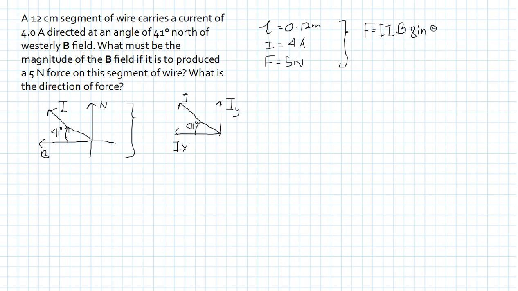If we make a triangle over here, we have it like this. This is 90 degrees. This is IY, this is IX, and this is I. So if we use the formula for sine 41, opposite over the hypotenuse, opposite means IY over hypotenuse.